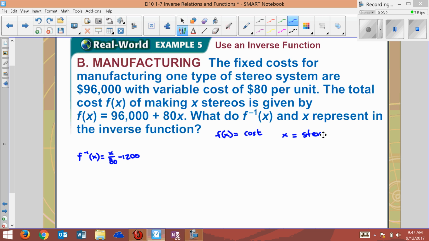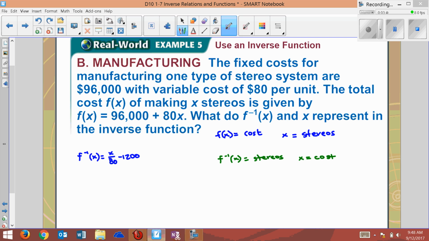So what would its inverse represent? Well, because you switched your x's and y's, the inverse function represents stereos, and x now represents cost. So that's what they represent in the inverse.